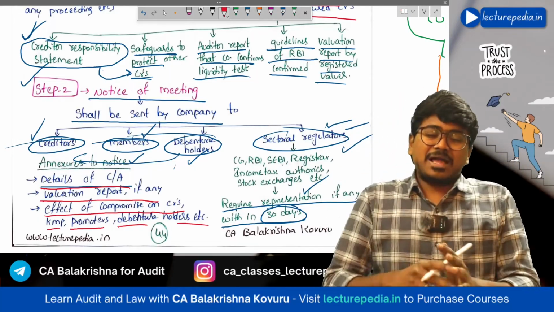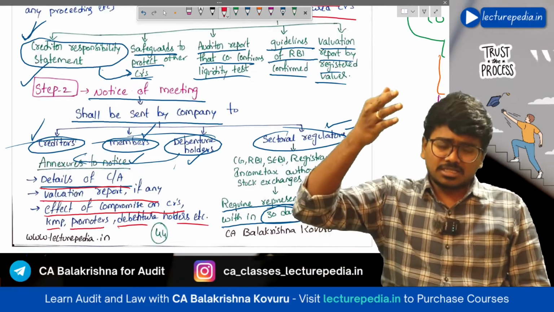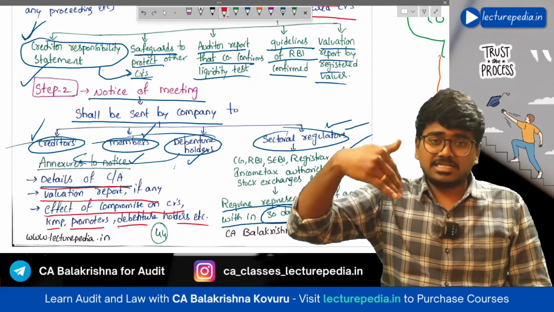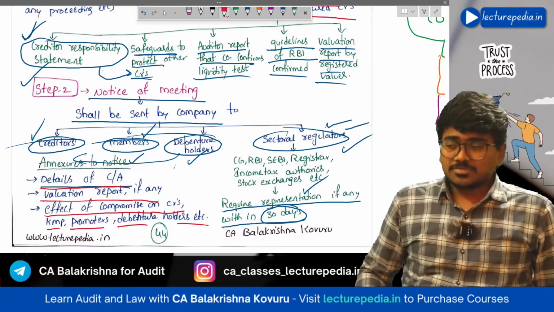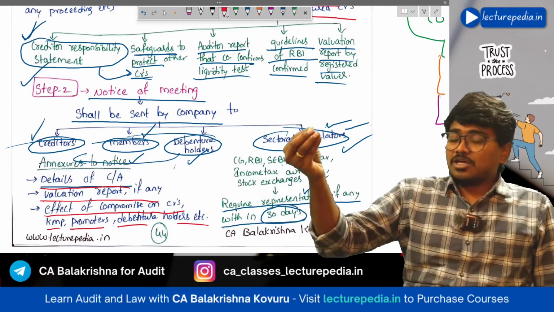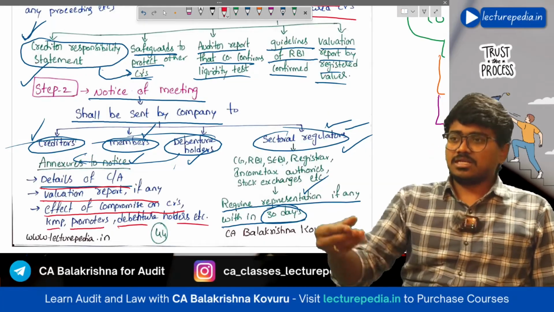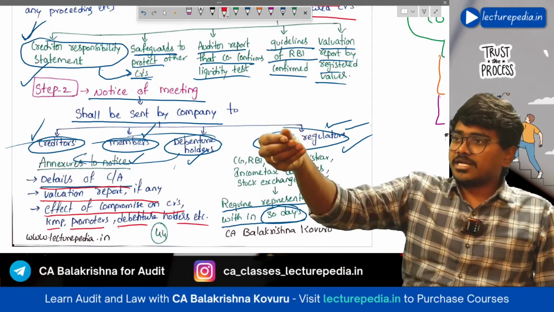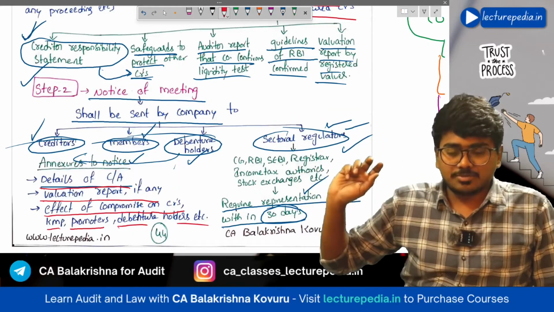This impact should be clearly disclosed, or given as an annexure to the notice of the meeting. Like, if this compromise is entered, creditors will lose 2 crore rupees. Let's say in the compromise or arrangement the rate of interest is being reduced.